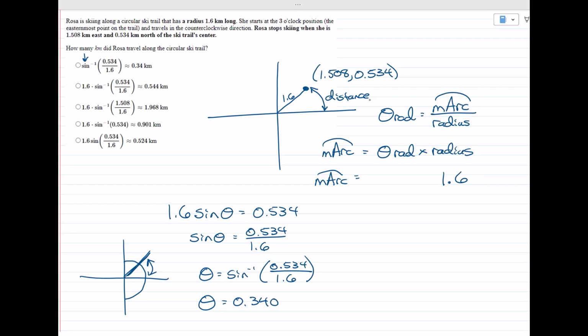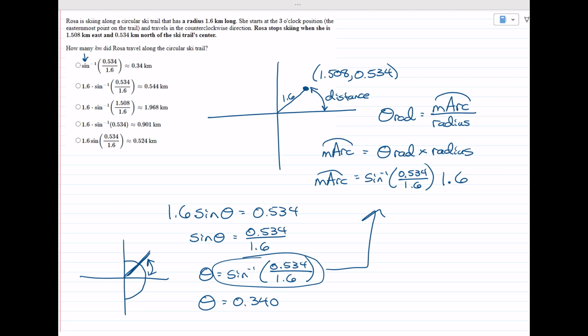So that's great news. If it was a negative angle, we'd have to multiply by a negative to get a positive angle to put us in quadrant 1. But this gives us a positive answer. So what we're going to have is 1.6 kilometers times our angle, the inverse sine of 0.534 divided by 1.6.